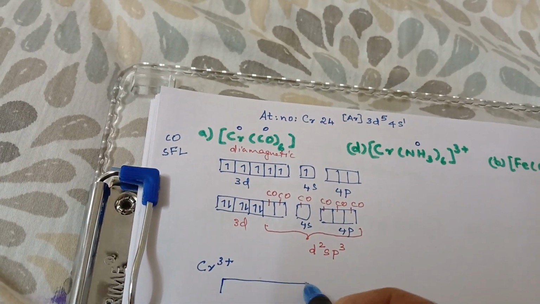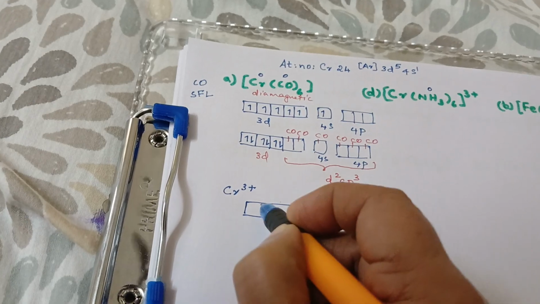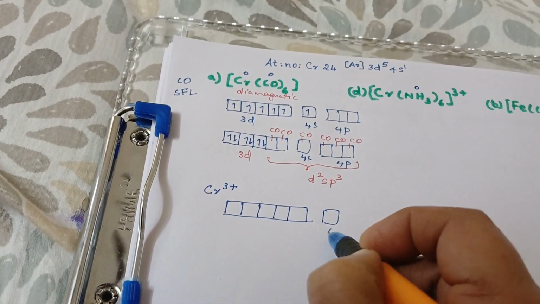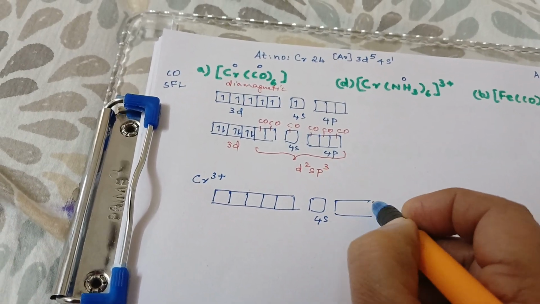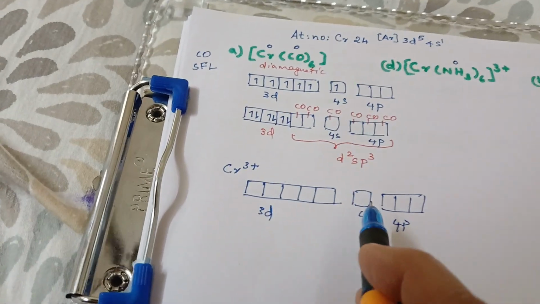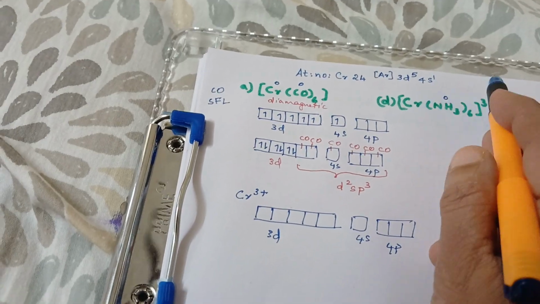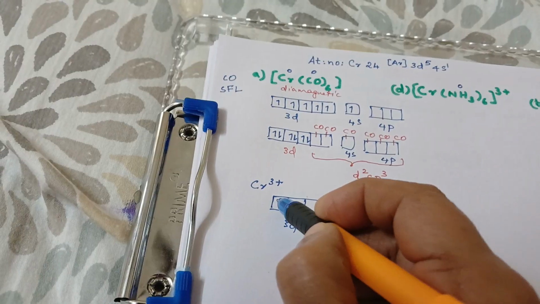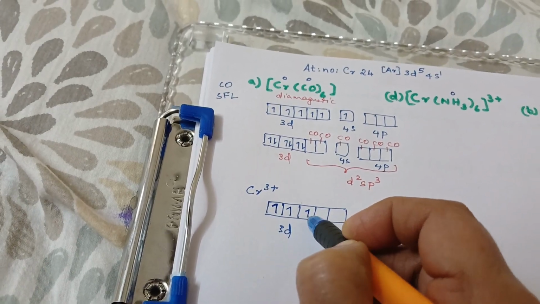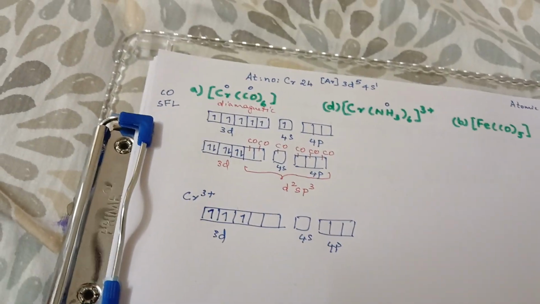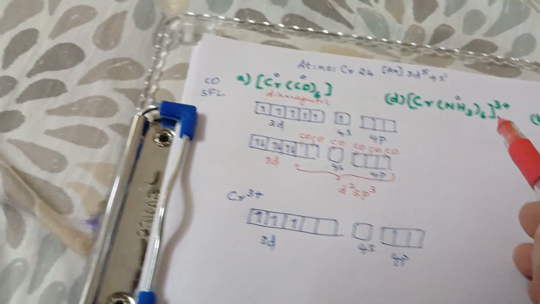So let us see the orbitals then. Three electrons are gone from the 3d5 4s1. So the 4s electron is gone, 2 electrons from 3d are gone. So it will be left with 3 electrons in the 3d orbital. And the approaching ligand is ammonia, that is NH3.